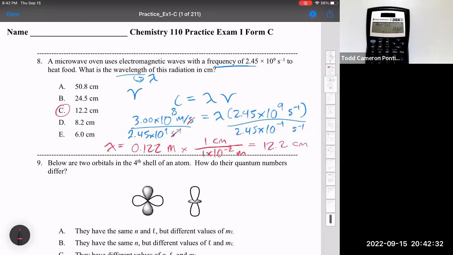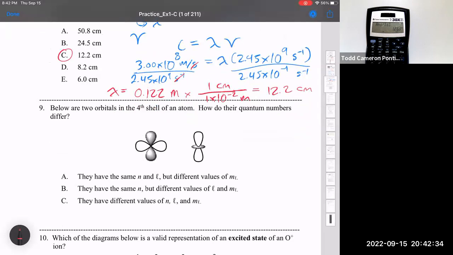Right. Up next, below are 2 orbitals of the 4th shell of an atom. How do their quantum numbers differ? By virtue of being the 4th shell, it means n equals 4. Anything in the 4th shell, the shell describes the principal quantum number n. Also, these are both the same genre of subshell, or of orbital.